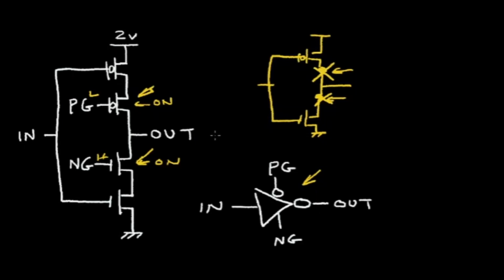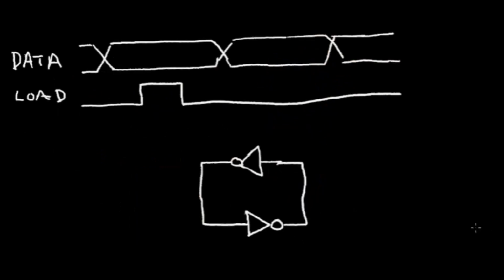So let's consider what we can do with this tri-state driver. One thing I can do with this tri-state driver circuit is I can make a latch. Now a latch is a circuit that stores data.